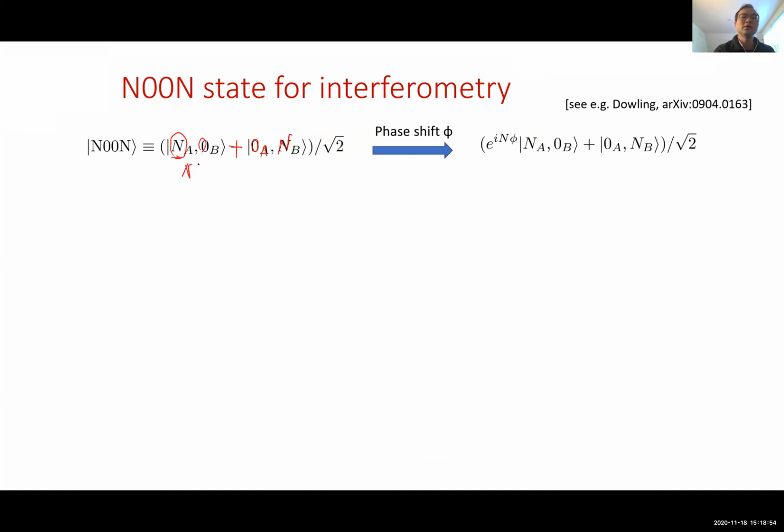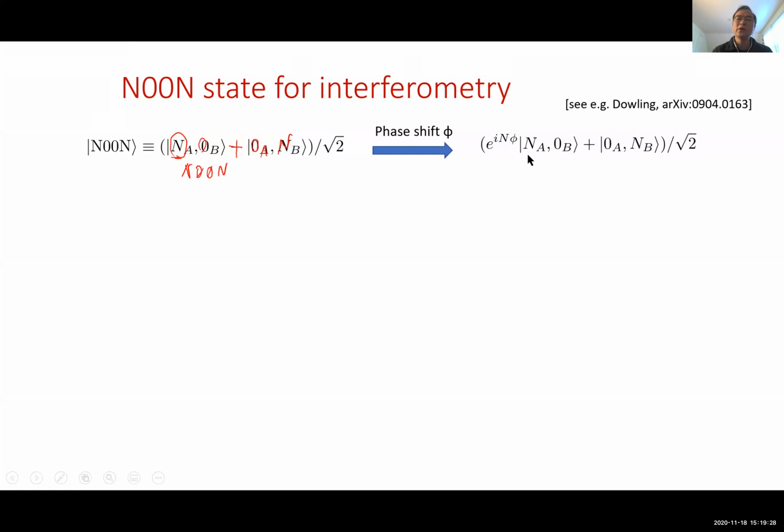So this is called the n 0 0 n state. It looks like a NOON. If you have a phase shift in one of the arms, let's say the A arm, because each photon contributes e to the i phi and you have n photons, the phase accumulates to e to the i n phi. The second part has no photon in A, so you get this.